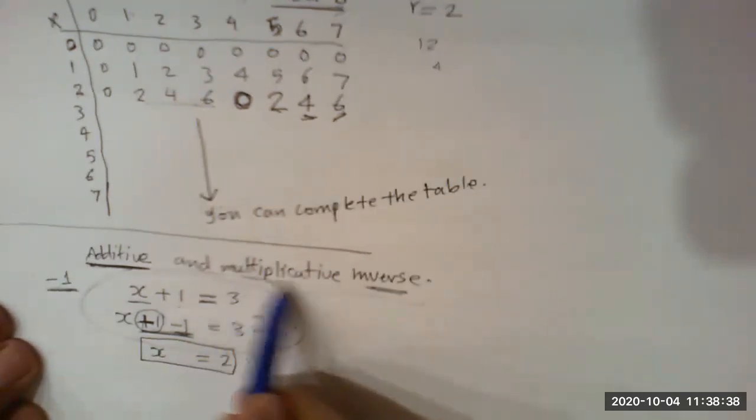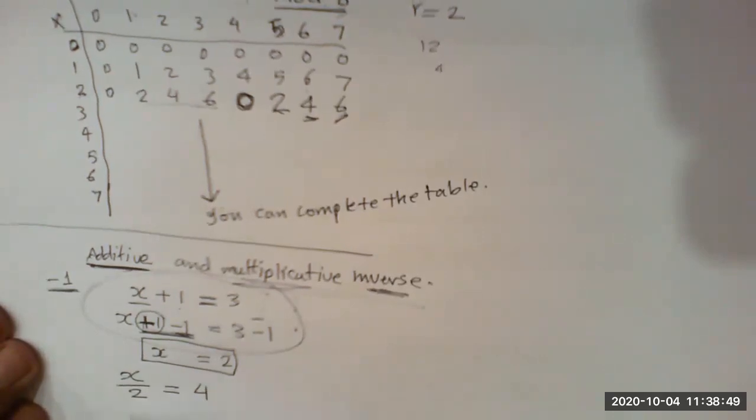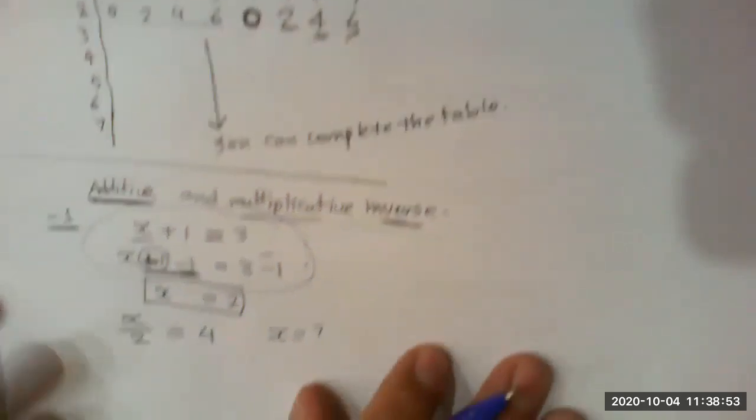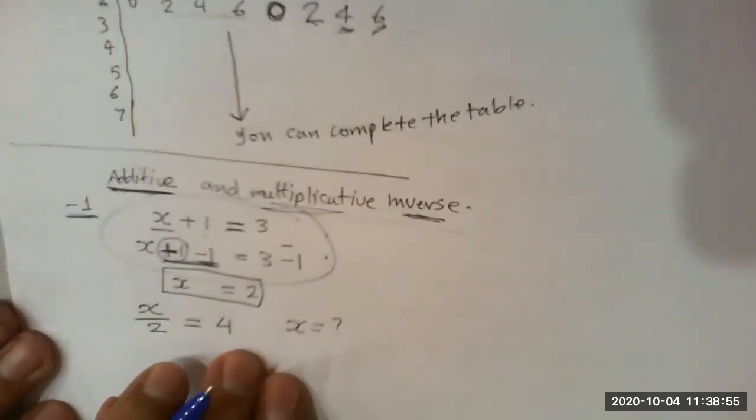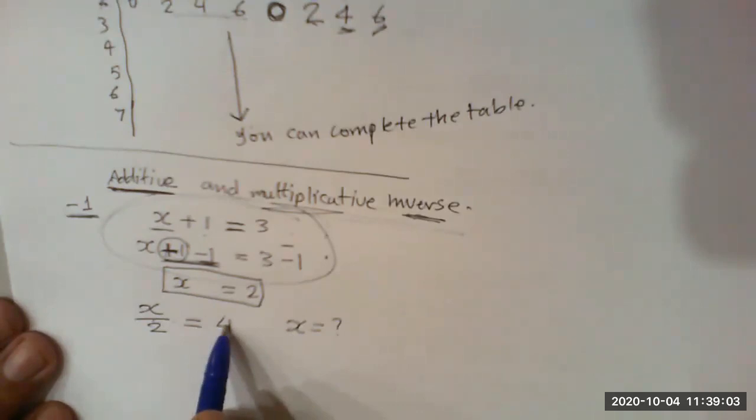What about the multiplicative inverse? Let's take an example. x over 2 equal 4. What is the value of x? To answer such kind of question, you multiply both sides by 2.